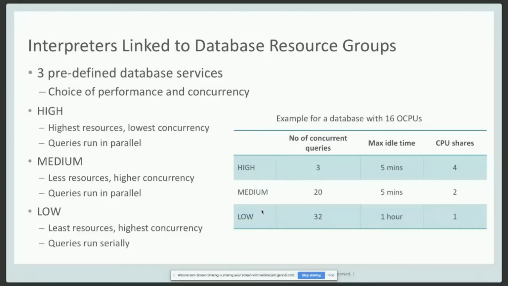If you have lots of users that all want to run all of their queries in high, then we can effectively service fewer concurrent queries. All that means is queries are going to back up, we'll put them into a queue, and as resources become available, we'll pull them off the queue.